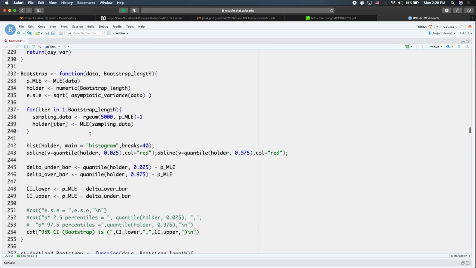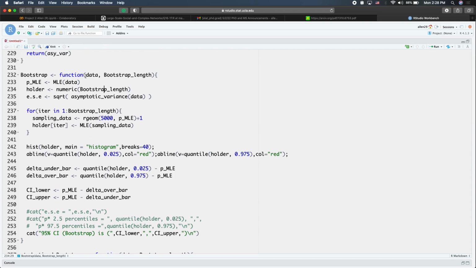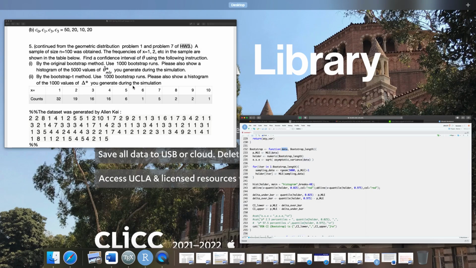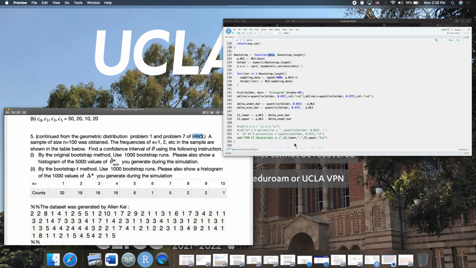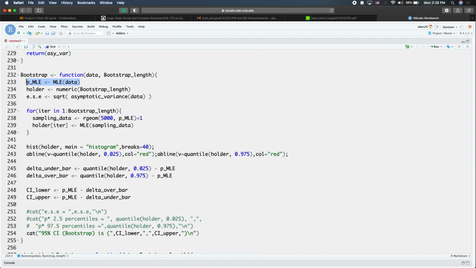And now we have the bootstrap. The input is the data, and the number of runs. The input data is the one given here, 100 numbers. We first calculate the MLE, and then we create a placeholder. This one is just the estimated standard error, the square root of the asymptotic variance.